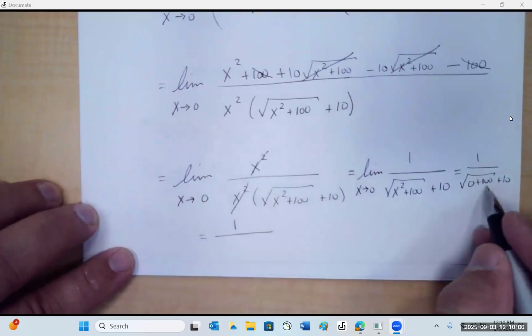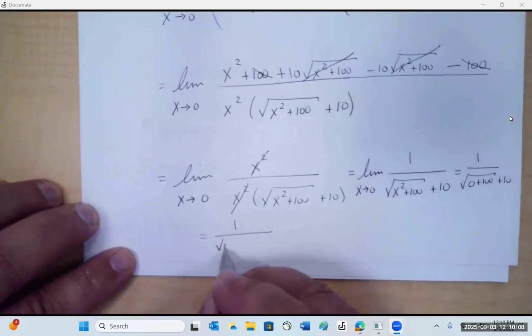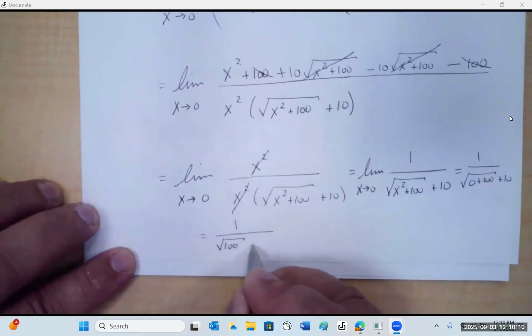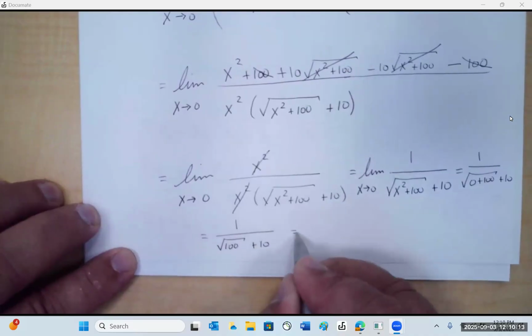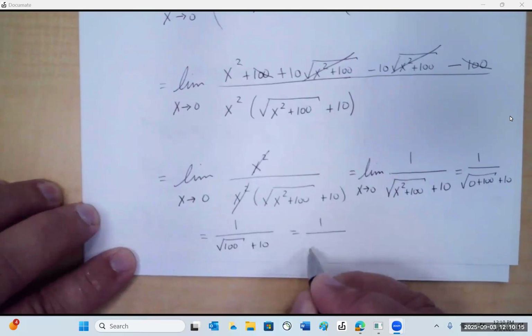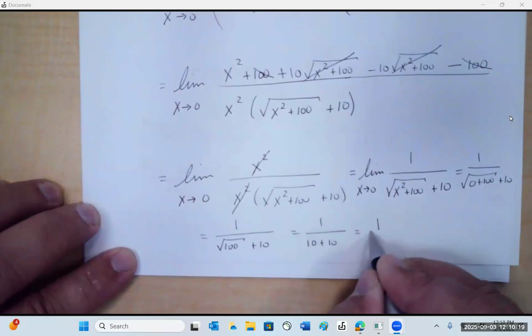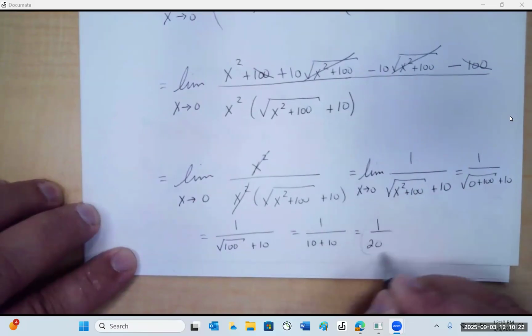So 0 plus 100 is 100. So we have the square root of 100 plus 10. The square root of 100 is 10. And there's my answer.